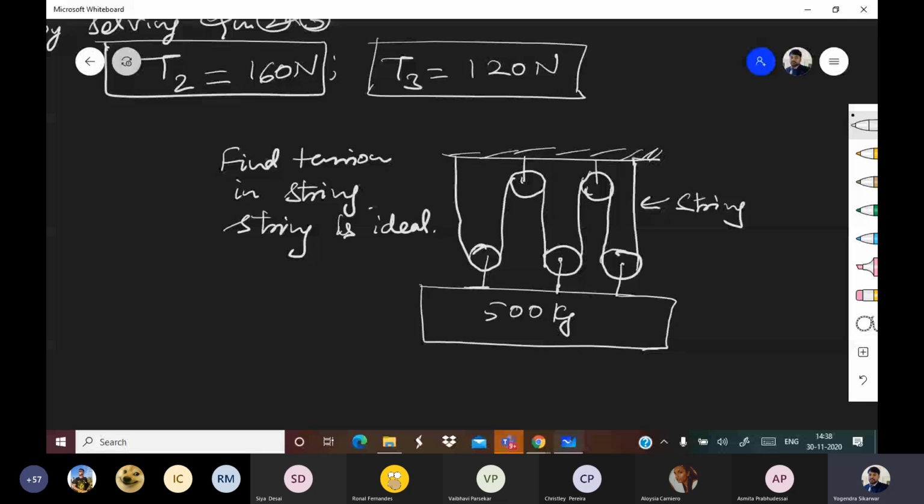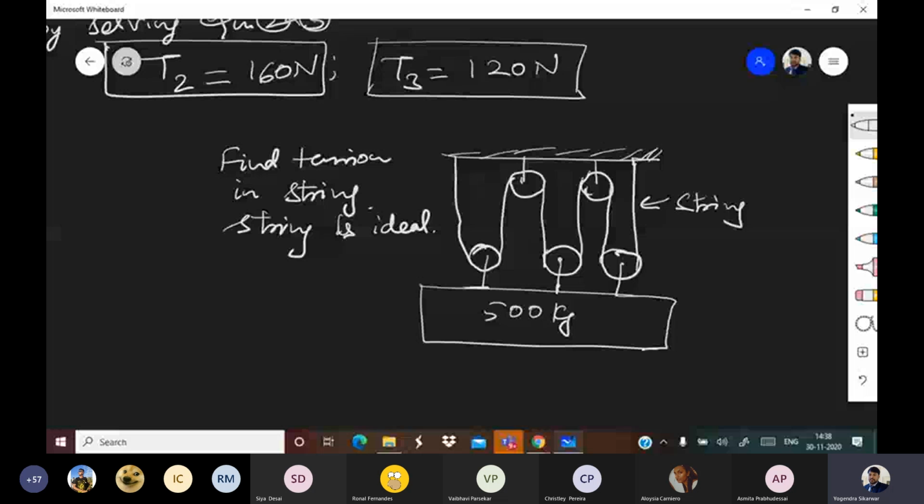It's an easy question. Jared is saying 833.33 newtons. Suhas is saying 500 by 9. Asmita is saying 2500.